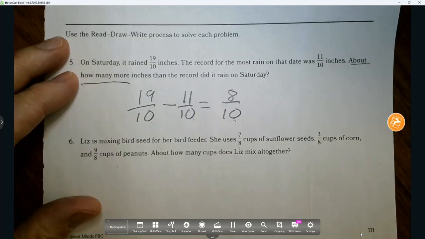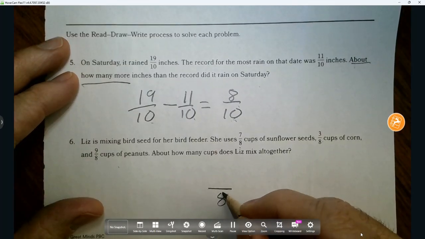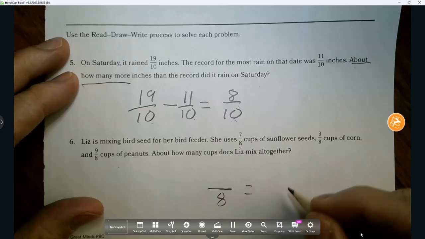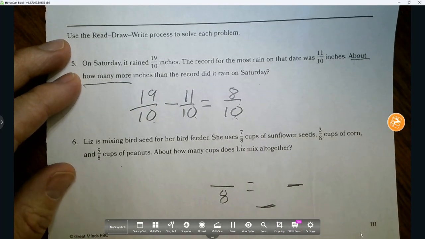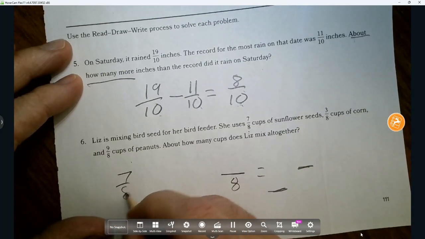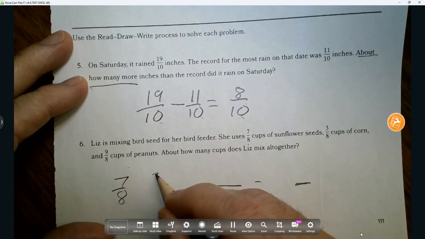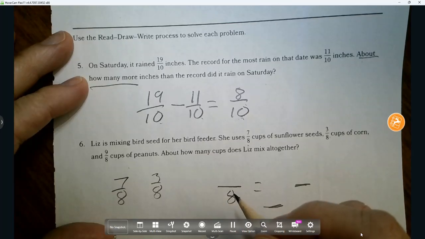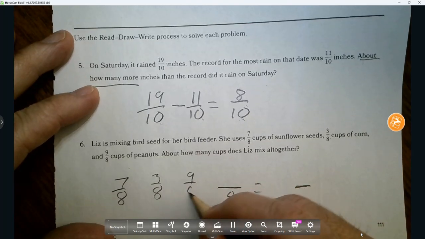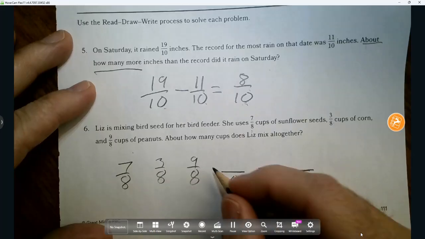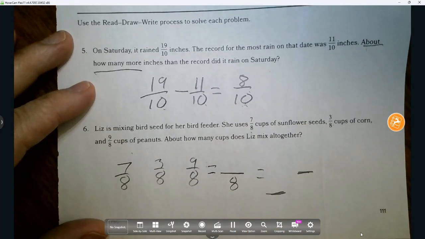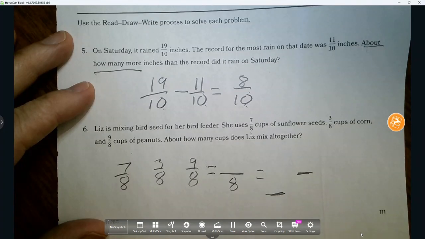When you get it, see if you can make it a mixed number, a whole number and then a fraction. That's all the help I'm going to give you.